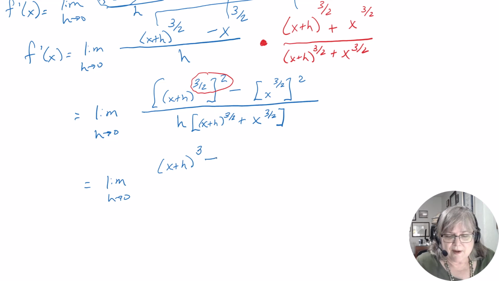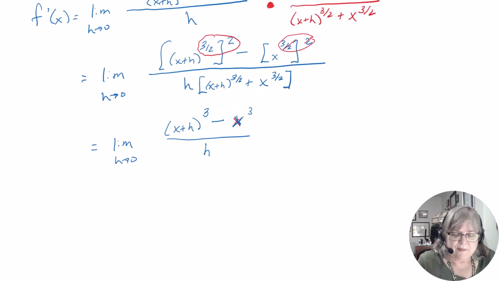Minus, and when you look at these two, the 2's cancel, or you can think of it as 6 halves, it's x cubed over h. So this is the limit as h goes to 0.